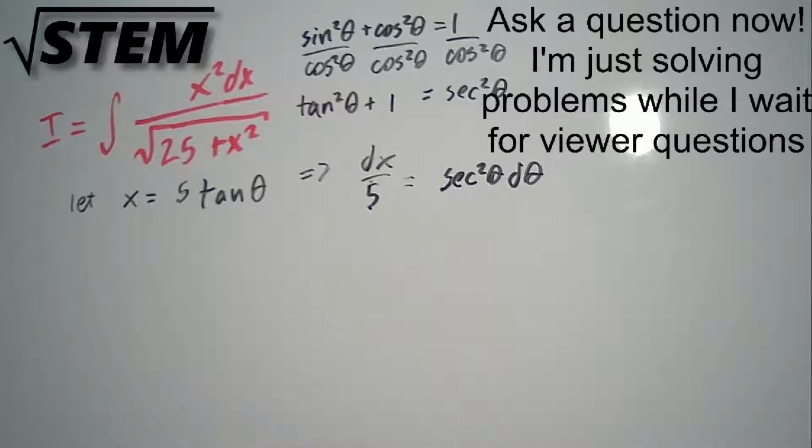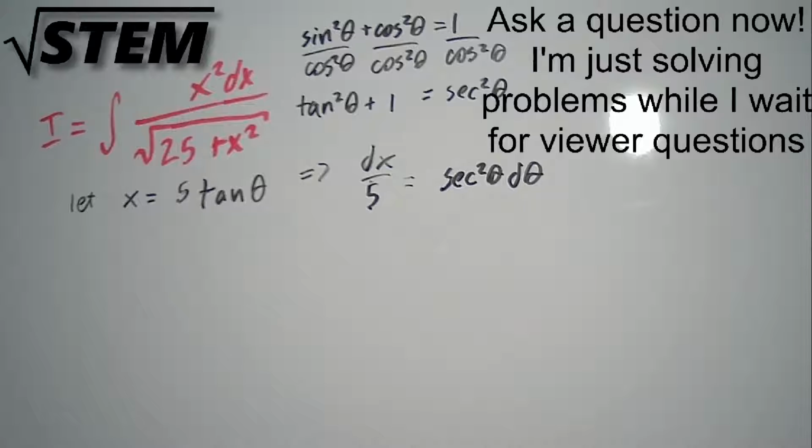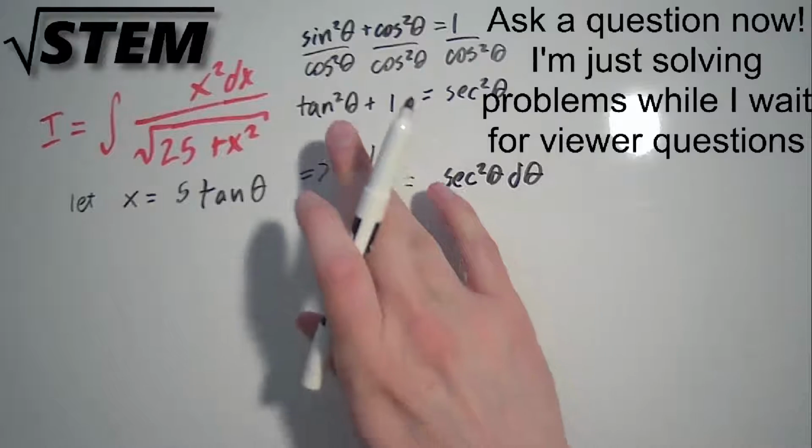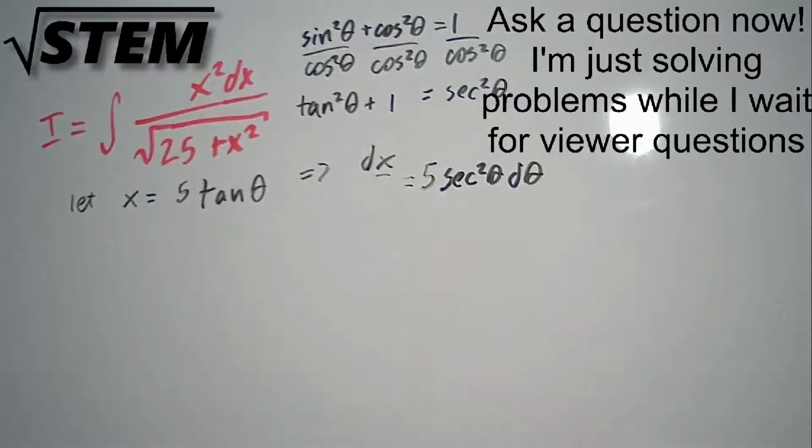So this is all well and good, but we don't seem to have a secant squared of theta. Oh, wait a second. We don't need a secant squared of theta to absorb into the dx, do we? Bring that 5 back over. dx simply equals that stuff.